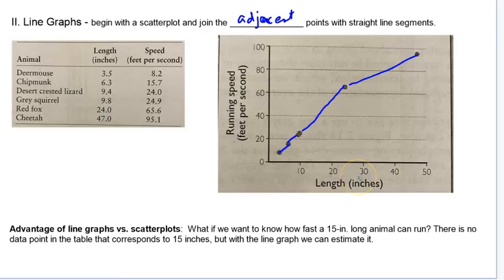Like that. And so there's one big advantage, and I've provided that for you here at the bottom. If we wanted to know in this information how fast a 15-inch long animal can run, well, if we're just looking at the data presented and looking at the graph in scatterplot form, we don't know what that is.